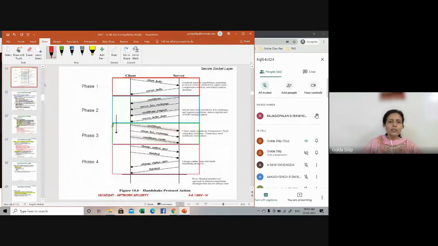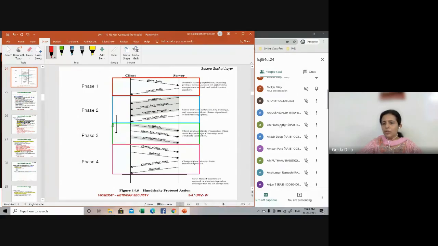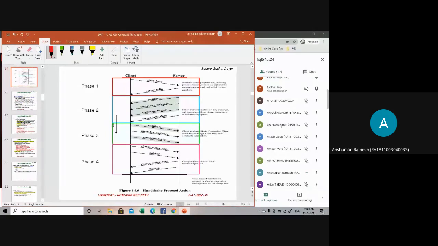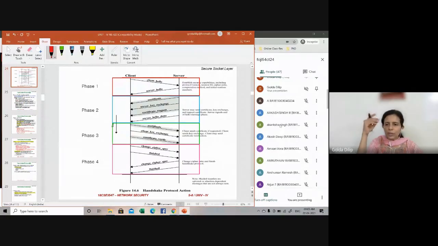Nikita, how many phases were there? Nikita not there. Then Anshuman, how many phases were there? Not sure, ma'am. What is it, Anshuman? I couldn't hear. You were trying to tell me something.